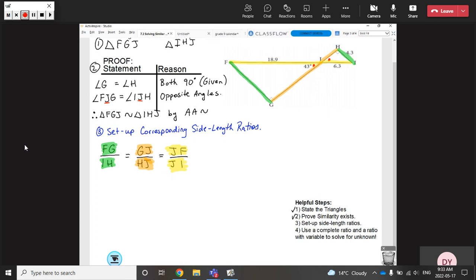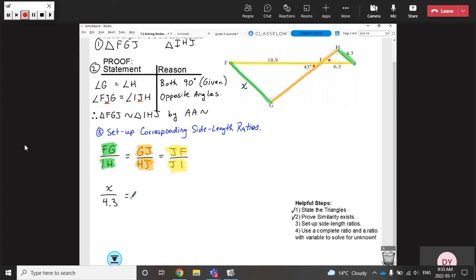What is the side that we're solving for here? FG. We can put a little X on FG. So FG is x, and then IH is 4.3.